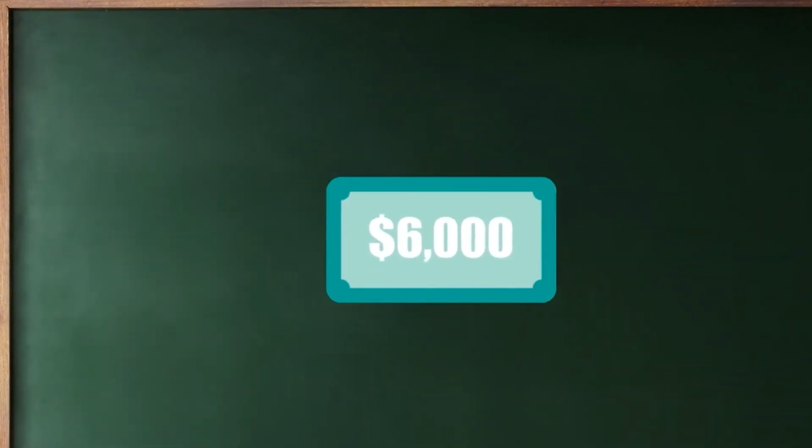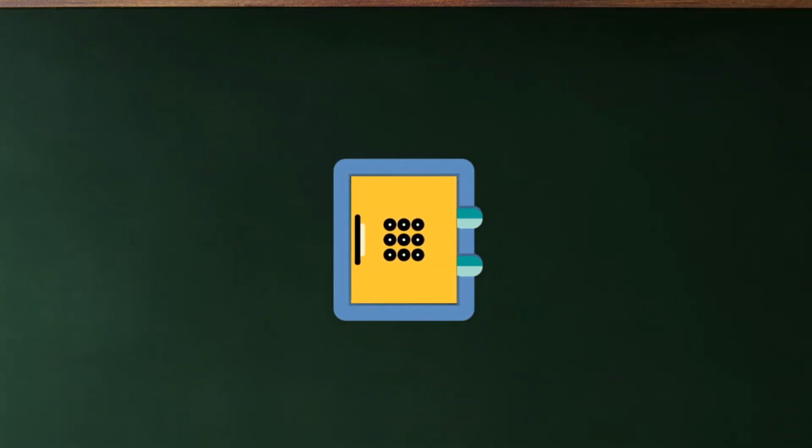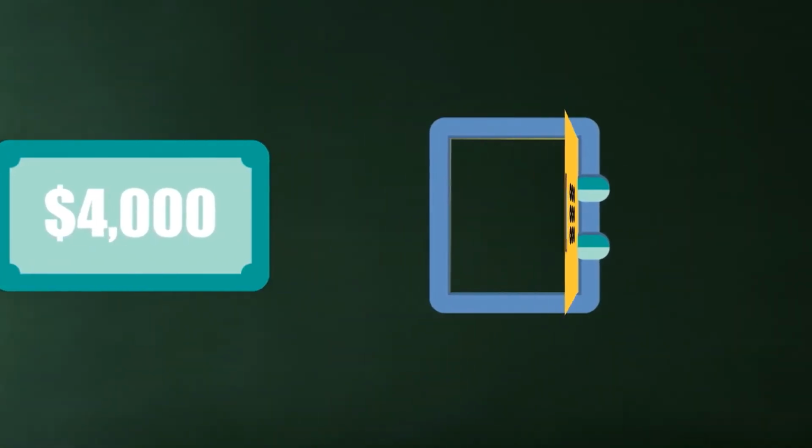Now, let's say a person deposits $6,000 in currency to his savings account and withdraws $4,000 in currency from his checking account, and he presents $5,000 in currency to be exchanged for the equivalent in euros.